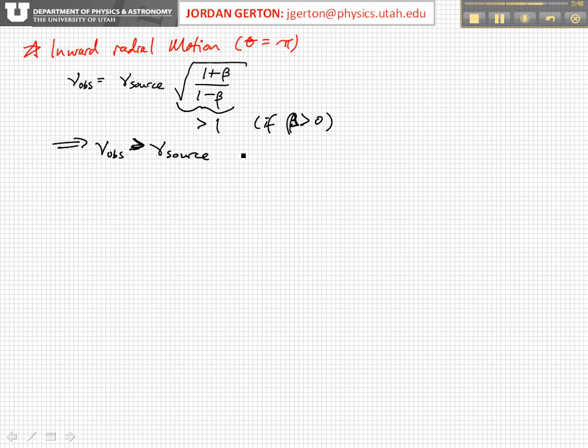Okay, and this is called a blueshift for the same reason that I explained the redshift. So whenever you have blueshift, that means that the source is approaching the observer.